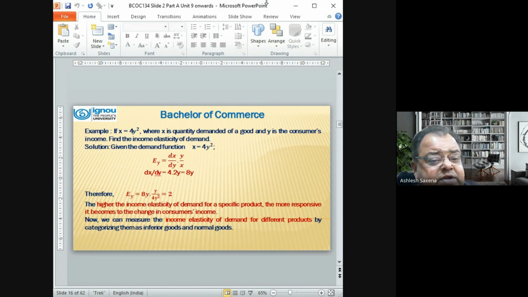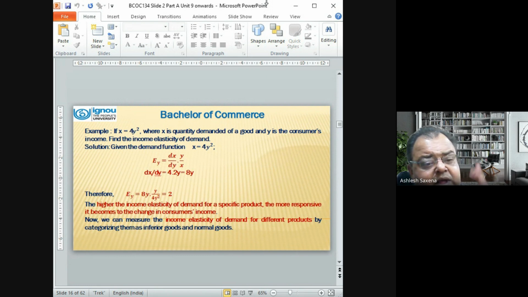When you differentiate it, you get dx by dy equal to 8y. Your dy by dx will be 1 upon 8y and your dx by dy will be 8y. So going back to the relation, it is 8y into y upon 4y square, which comes out to be 2.